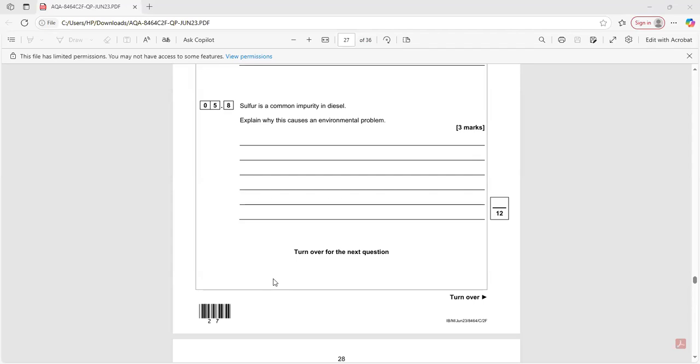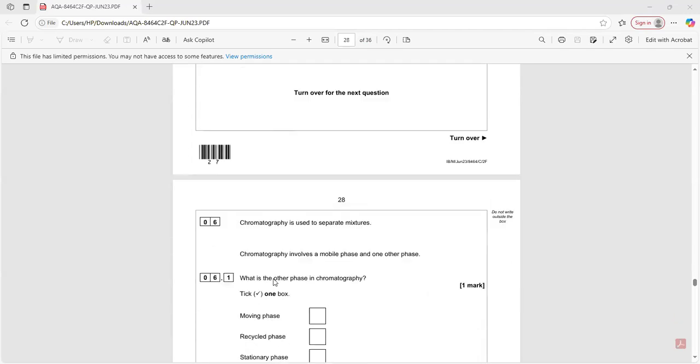Sulfur too can easily form its own version of CO2, which is SO2. And that also can form acid rain, which is not good for plants and animals too. So yes, air pollution and acid rain, all these are effects of sulfur on the environment. That's why it's an environmental problem.